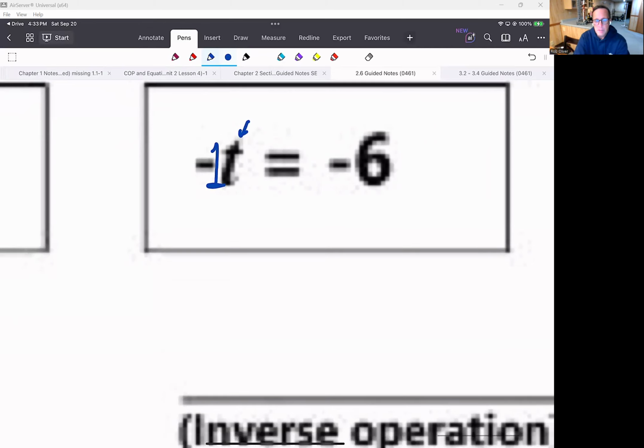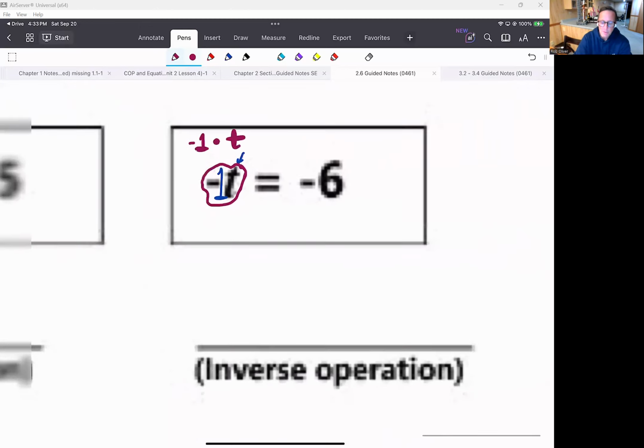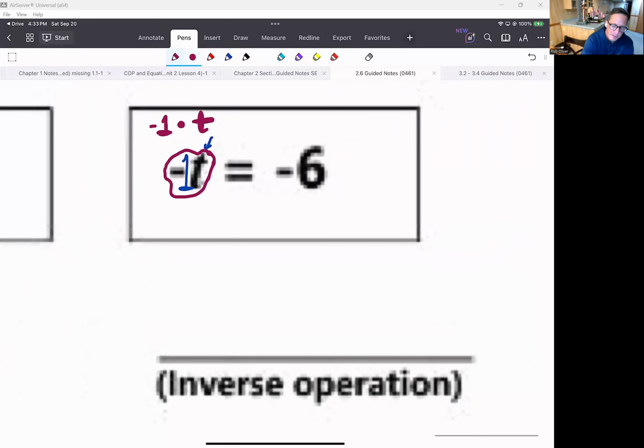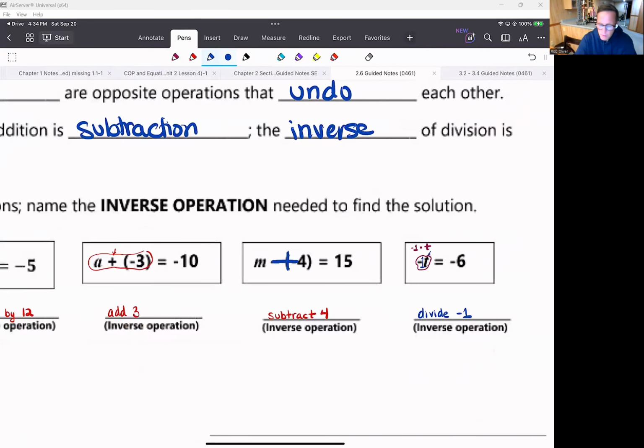That's multiplication: -1 is being multiplied by t. The inverse of multiplication is to divide, so we're going to divide by -1 on both sides.